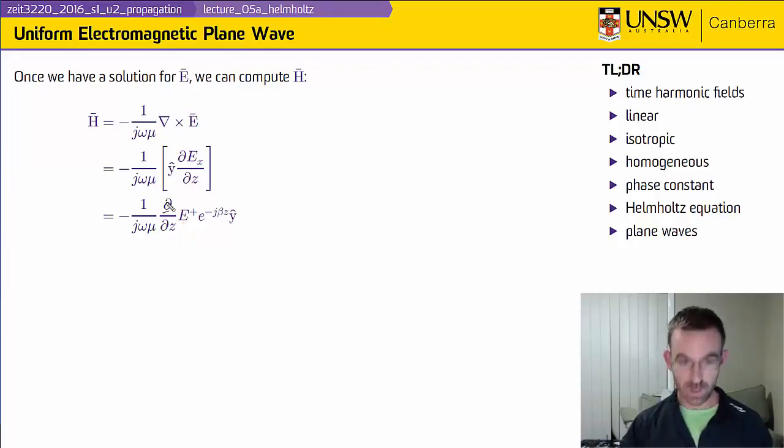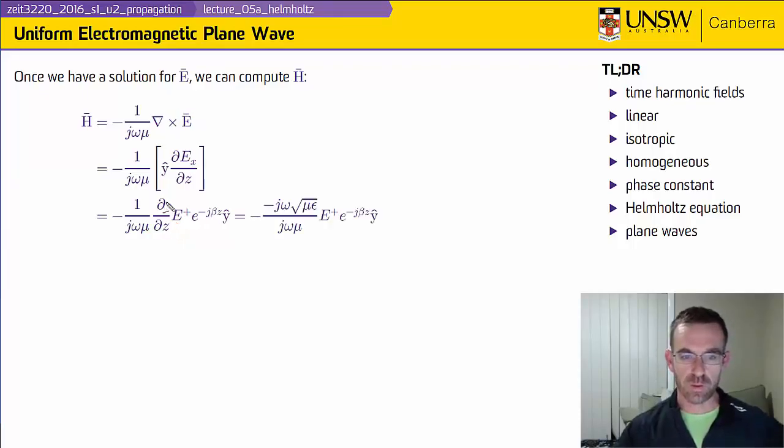That's straightforward. I'm left with minus j beta, which I'm going to write as omega squared mu epsilon, times E plus e to the minus j beta z. Of course, the omega is going to cancel, and the square root of mu is going to cancel, and I have a square root of mu in the denominator.